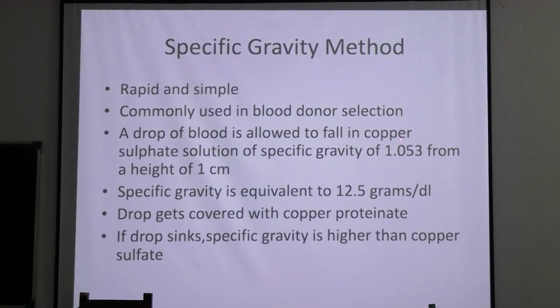So if the blood drop sinks in this 1.053 specific gravity copper sulfate solution, then it means that it is more than 12.5 gram per dl. This figure you have to remember. Okay, this is the copper sulfate method.